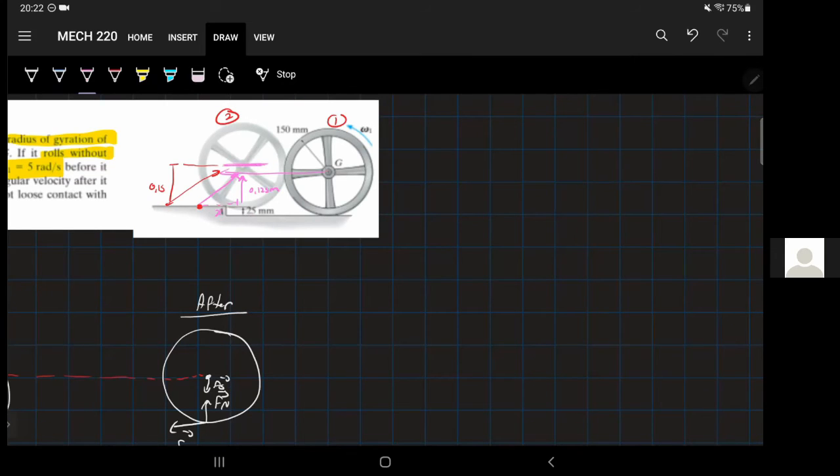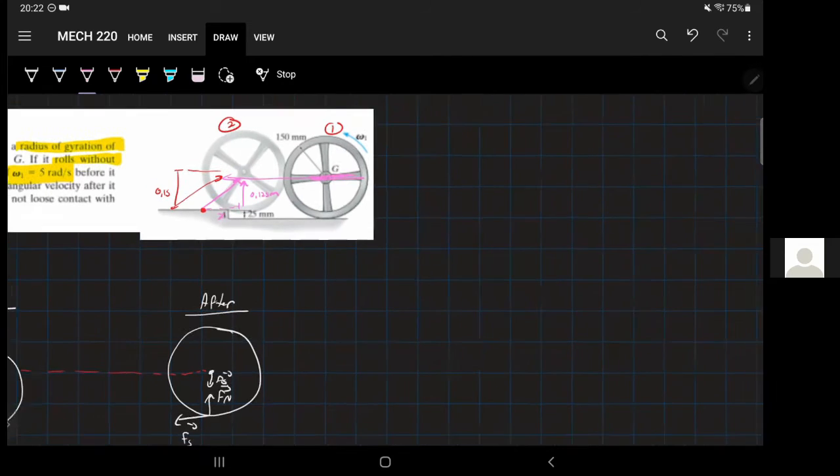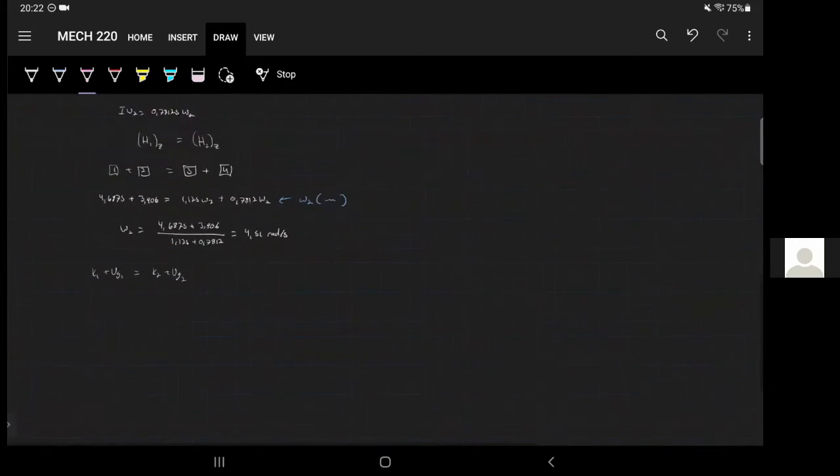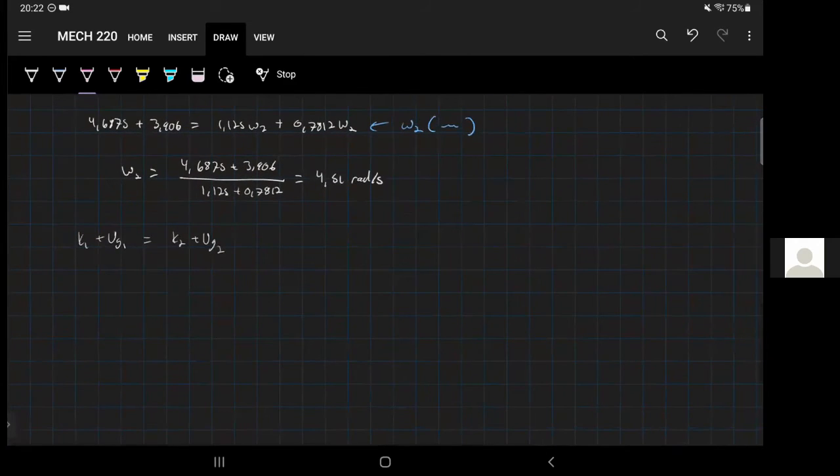Actually, let's put it here at the beginning. It will be easier. So you have no potential energy at the beginning, and then you gain some as you jump over the step. So this goes to 0.